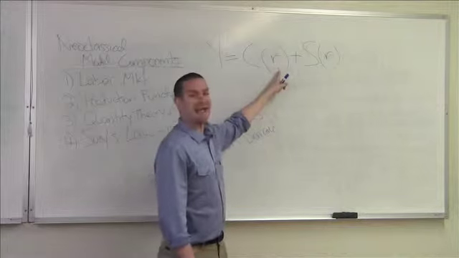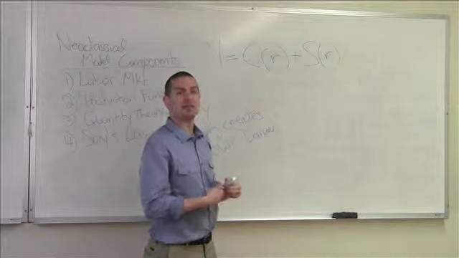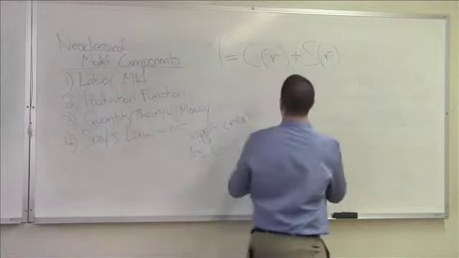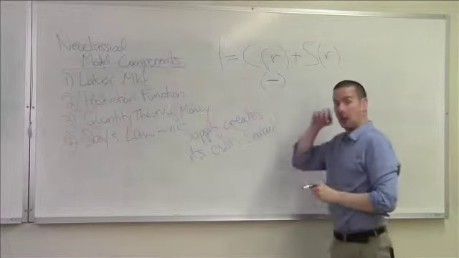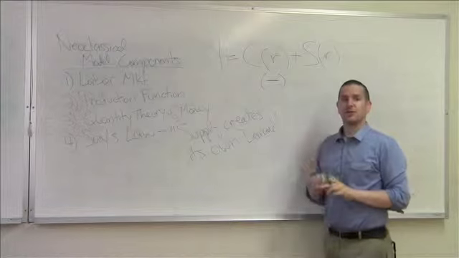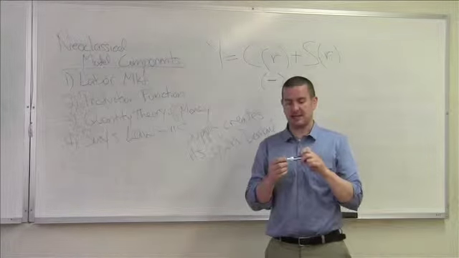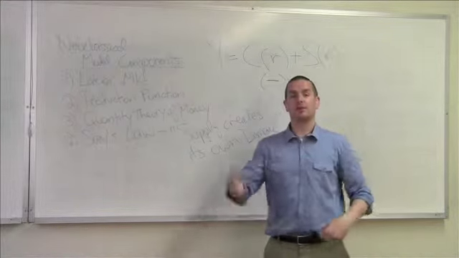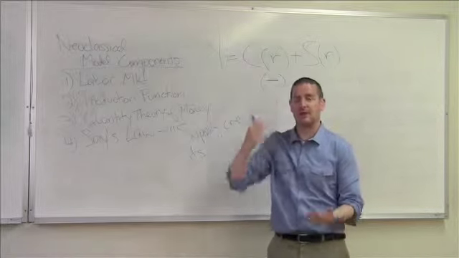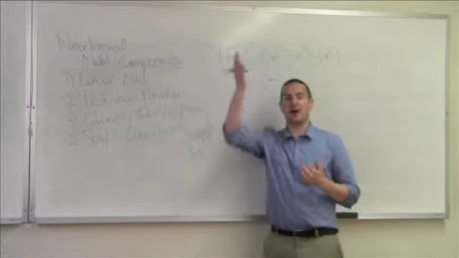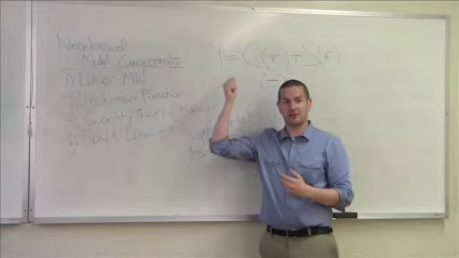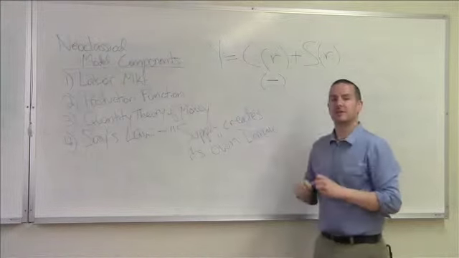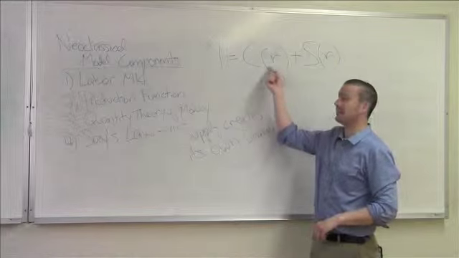Consumption is said to be negatively related to the interest rate. What that means is, like our law of demand, one goes up, the other goes down. So if the interest rate goes up, then consumption goes down.